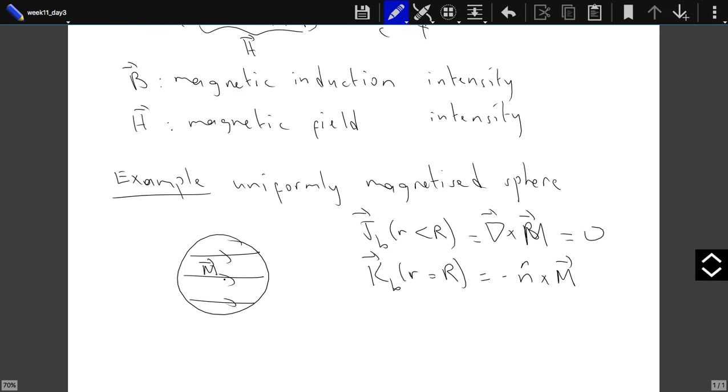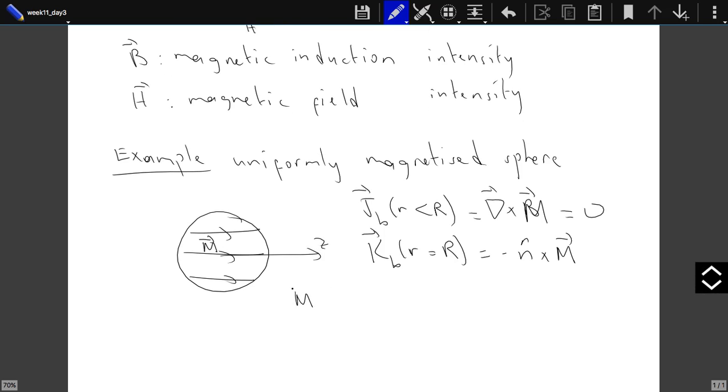In this case, let's say this is our z-axis. The M vector is M0 in the z direction. The n vector, which is the normal from inside to outside, is nothing but the radial vector. So if you just look at this point on the surface, this is our r hat, this is our M, and this angle over here is theta.